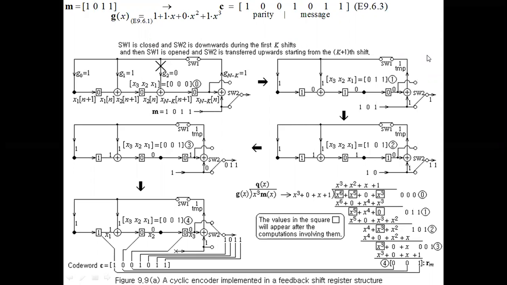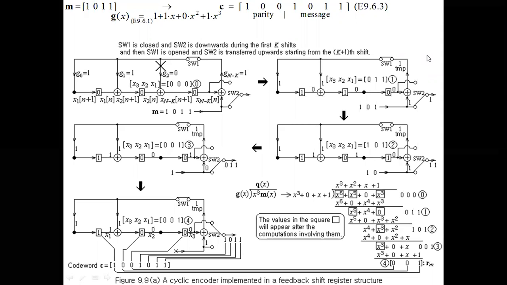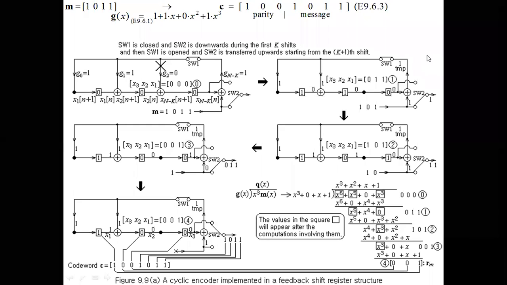So the vector form is converted to polynomial form. In the polynomial division method, the divisor polynomial is x to the power n minus k into m of x. That is divided by g of x.